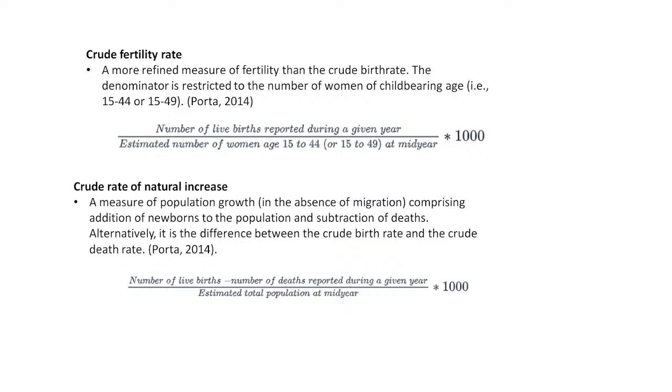Crude rate of natural increase. A measure of population growth in the absence of migration, comprising addition of newborns to the population and subtraction of deaths.